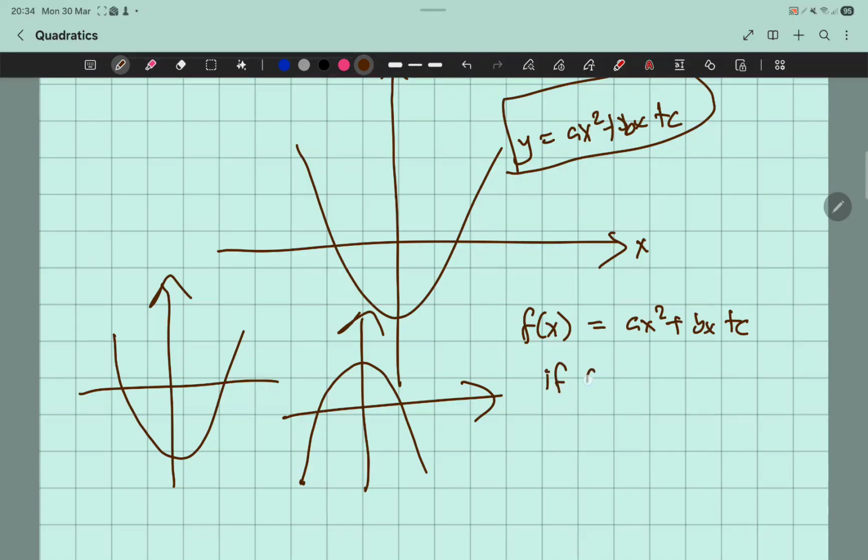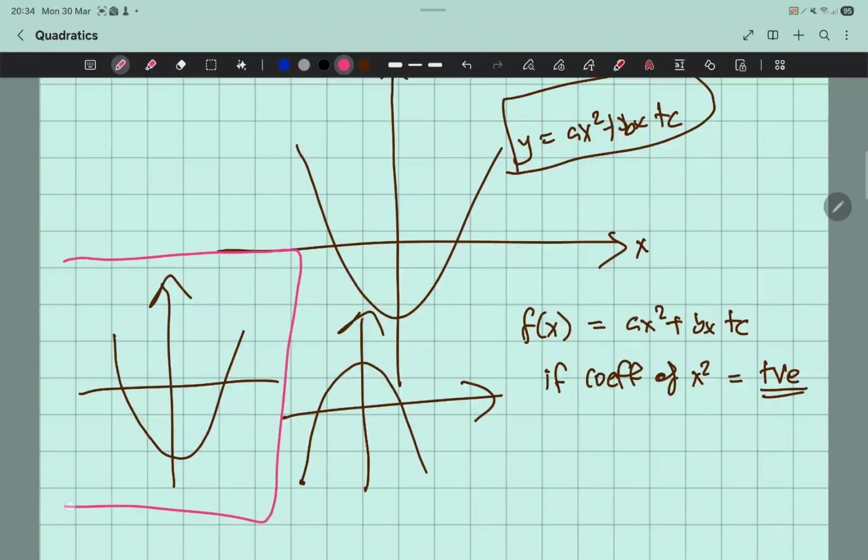If the coefficient of x squared is a positive number, in this case positive a, then the graph is in this cup shape. But if the coefficient of x squared is negative, the graph is the other way round.